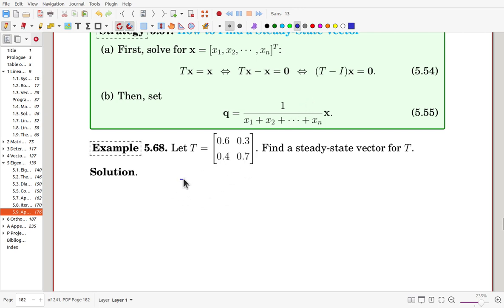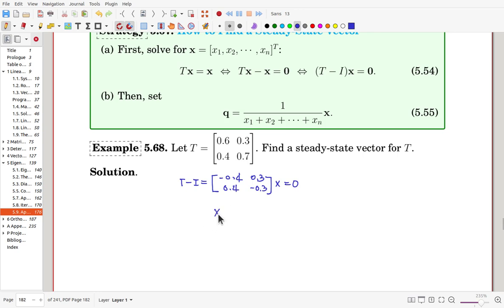We start with T minus identity. We subtract 1 along the diagonal, minus 0.4 and 0.3, and that is 0.4 and minus 0.3. And we have to find x such that the matrix times x equals 0. You can solve this problem quite easily.